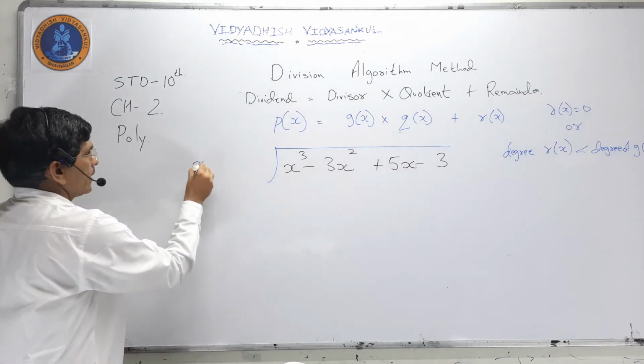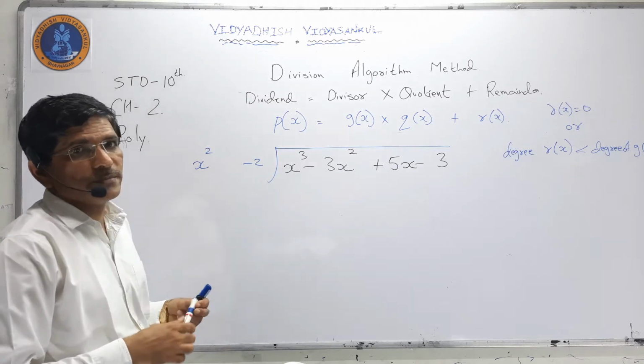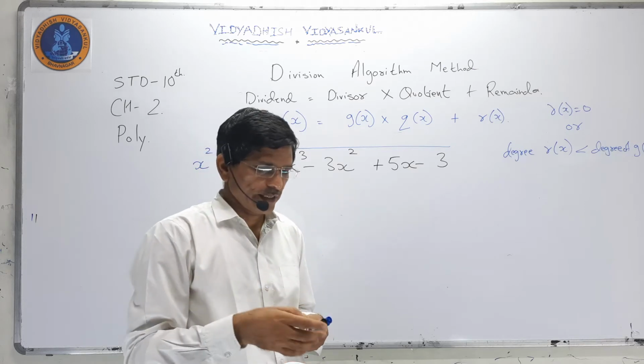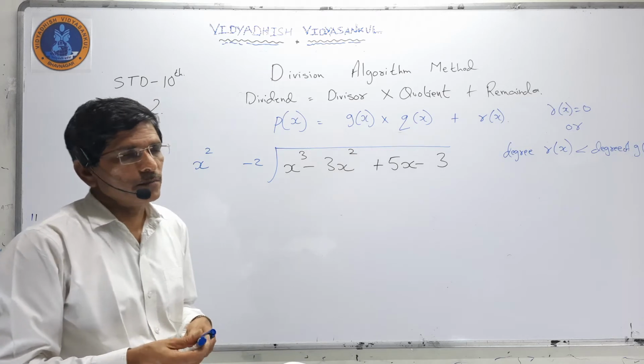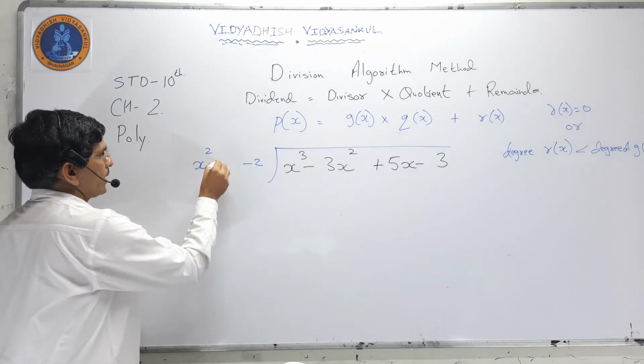So between these there is one term missing. When x the power 2 is there and the constant term is there, what do I have to write between them? That is the x term. So I have to write here plus 0x.